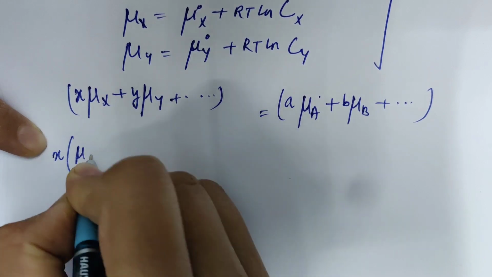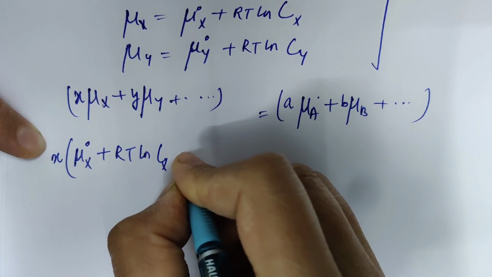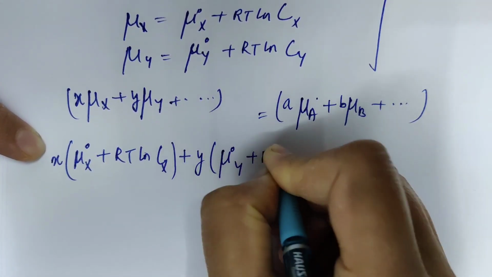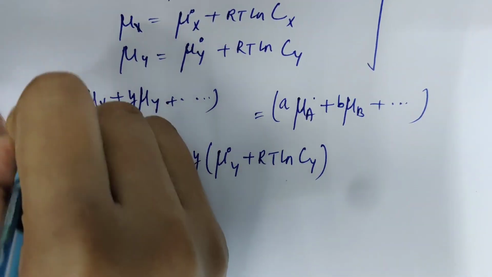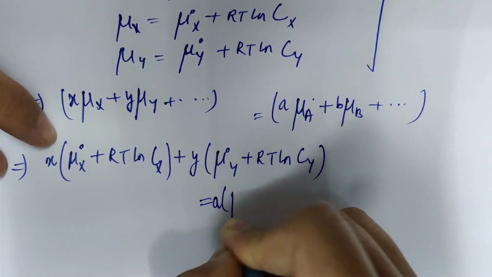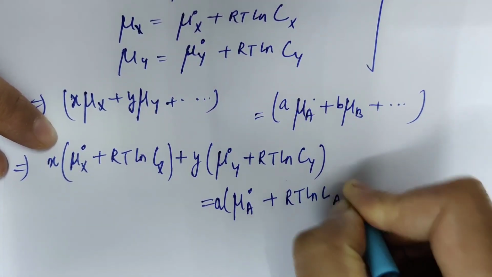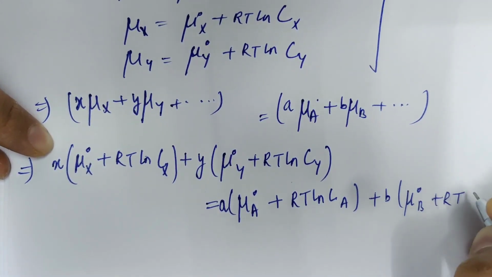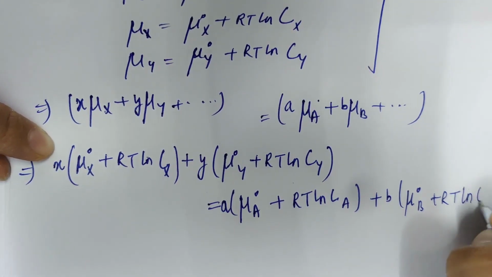X of mu of x naught plus RT ln C of x plus y into mu naught y plus RT ln concentration of y. This is our product side, and our reactant side will become A of mu of A naught plus RT ln CA plus B into mu naught B plus RT ln CB.